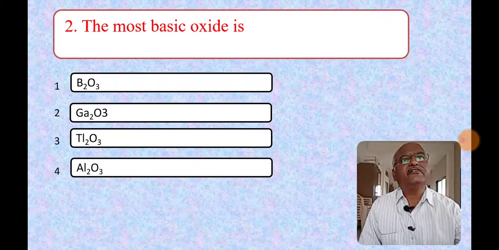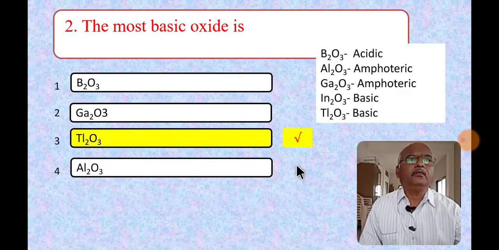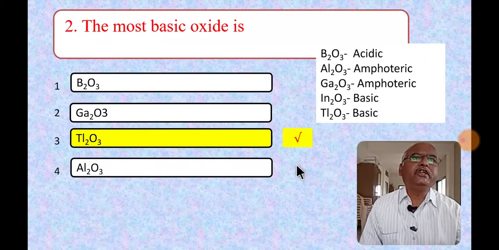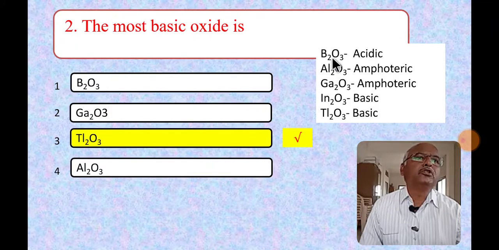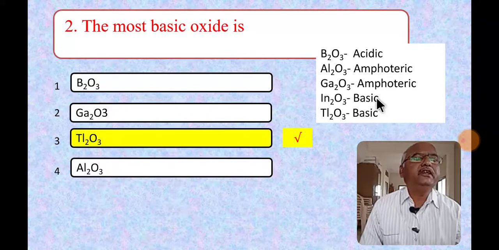Select the correct answer. Tl2O3 is the most basic oxide. So here B2O3 is acidic, Al2O3 is amphoteric, Ga2O3 is amphoteric, In2O3 is basic and Tl2O3 is basic.